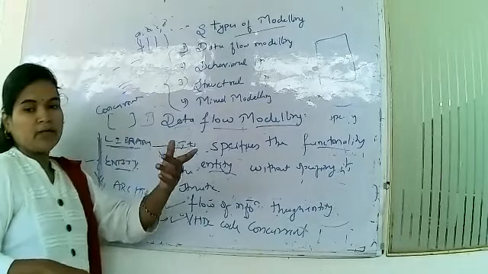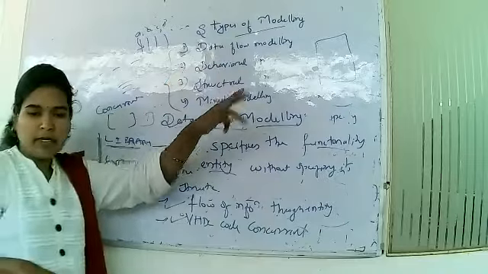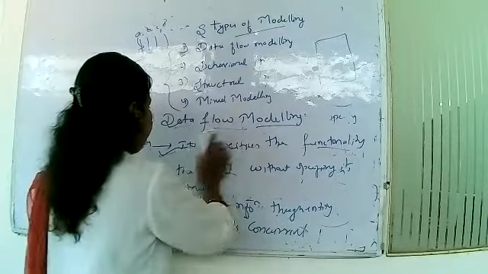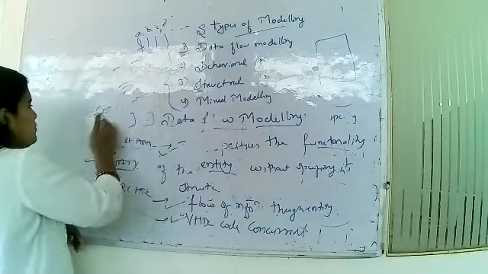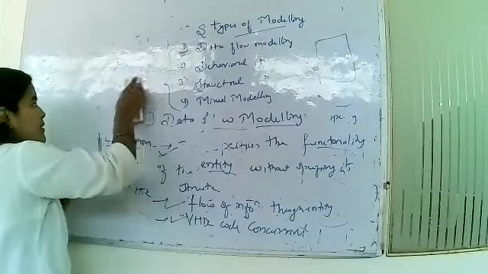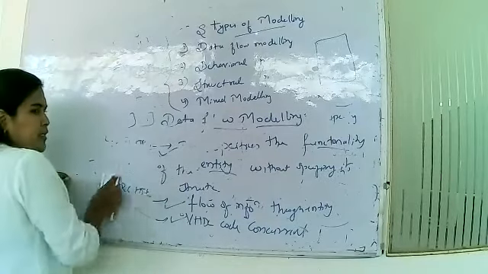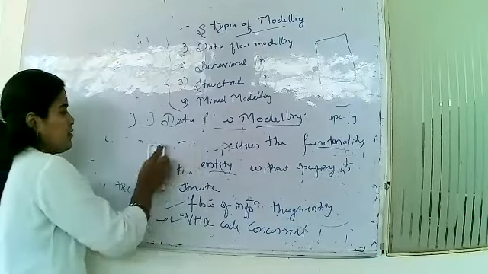These are the different styles of modeling we use. In that, the first one is data flow modeling, which I am explaining. This is completely a programming subject, so if you concentrate on this, then you will understand.